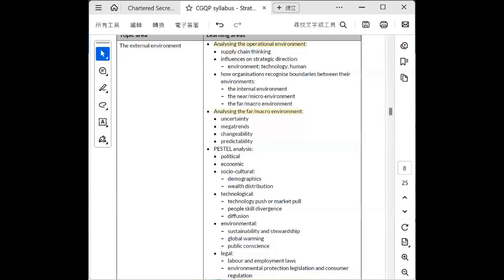Now, changeability and predictability are also very crucial. Changeability basically refers to how frequently and how rapidly conditions in the environment shift. For example, social media trends can change very quickly, and are highly changeable.